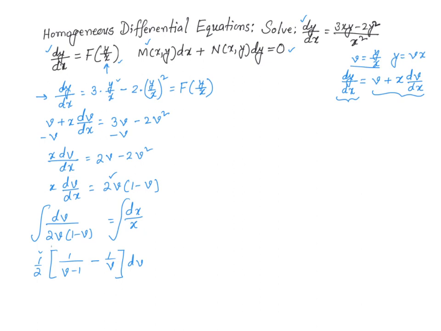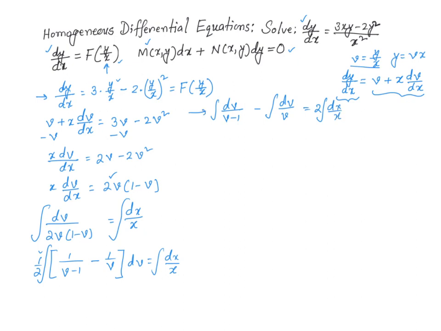It's a partial fraction. So the integral is equal to the integral of dx over x. Continuing, it's going to be the integral of dv over v minus 1 minus the integral of dv over v is equal to, multiplying both sides by 2 so that the 2 goes on the other side, the integral of dx over x.